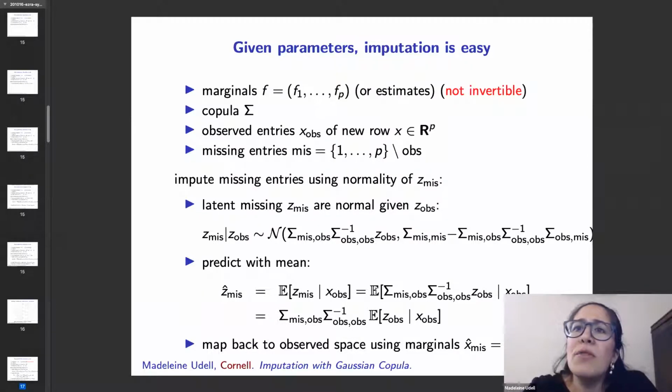So what I want is the expectation of z miss conditional on x obs. And this simplifies quite nicely. I just have something involving the correlation matrix times the expectation of the corresponding observed entries of this Gaussian vector given the observed entries of x.